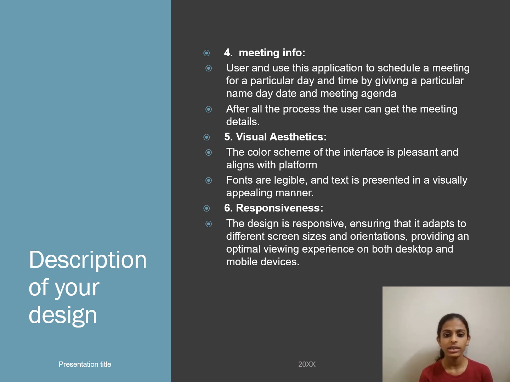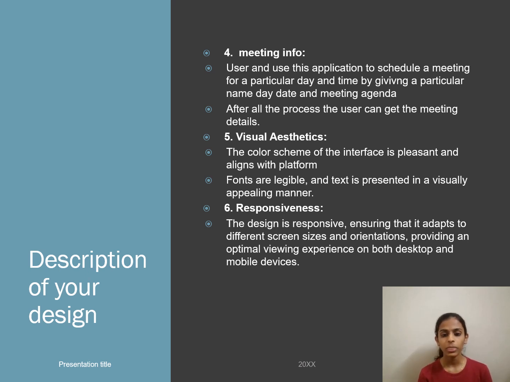Visual aesthetics: the color scheme of the interface is pleasant and aligns with the platform. Fonts are legible and text is presented in a visually appealing manner. Whenever you create a user interface design, you need to remember all these points so that it comes out really good. Responsiveness: the design is responsive, ensuring that it adapts to different screen sizes and orientations, providing an optimal viewing experience on both desktop and mobile devices.